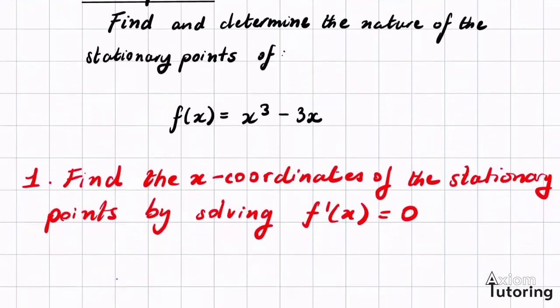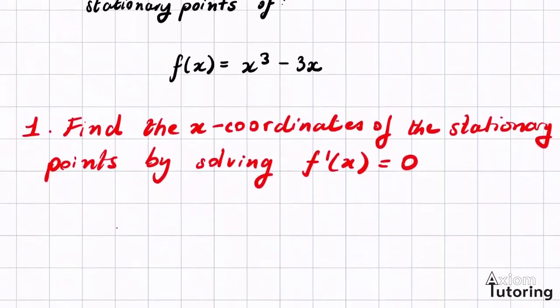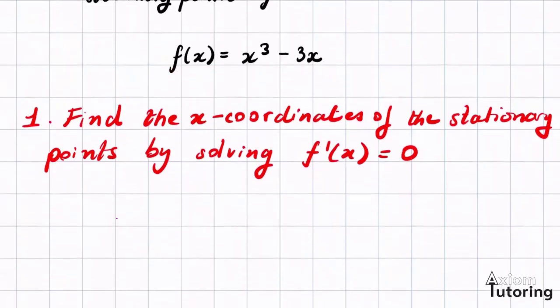And our first step will be to find the x-coordinates of the stationary points by solving f dash of x equals 0. So we first find the first derivative of our function f of x. So f dash of x equals, and we're going to differentiate each individual term.